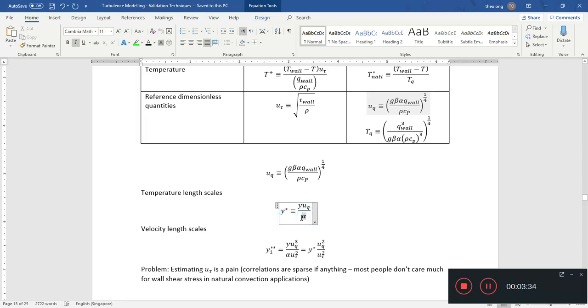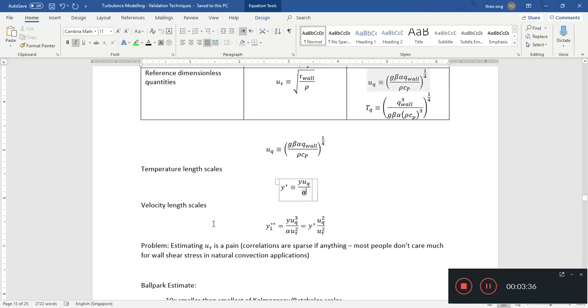It's a thermal diffusivity. Now for velocity length scales, it's slightly more challenging because you have two boundary layers you're talking about here. Whenever you deal with heat transfer, one is the thermal boundary layer, which is determined by this y star. The other is the velocity boundary layer and velocity length scale.